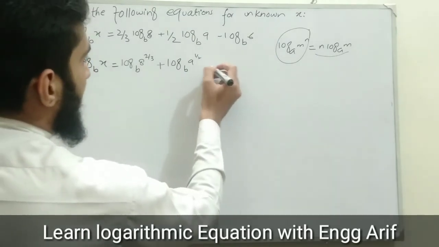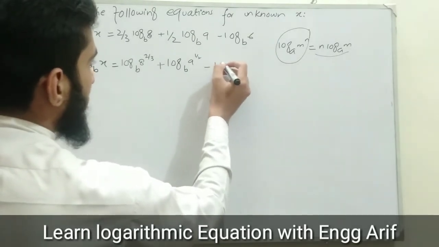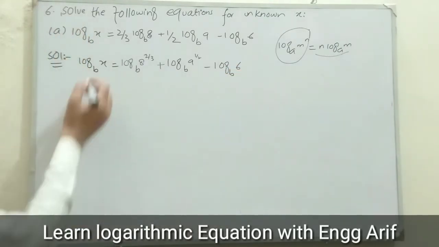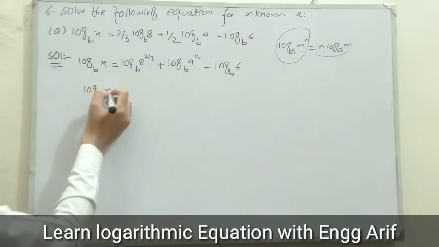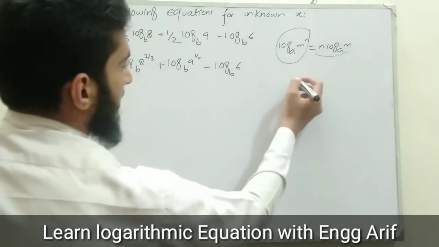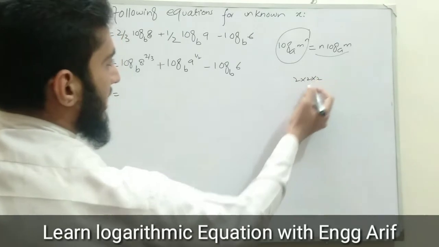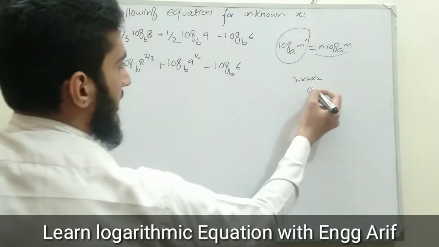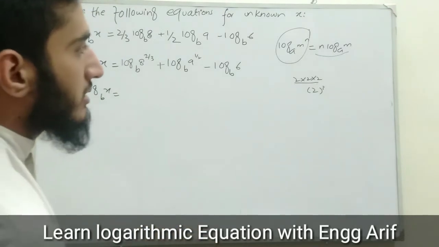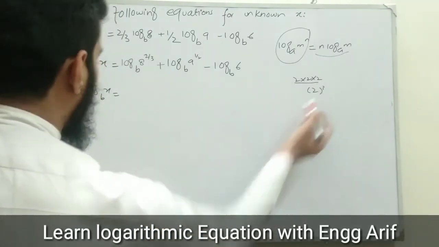After this, minus log of 6 to the base b. After this, log of x to the base b will be equal to, 8 can be written as 2 multiply 2 multiply 2 because it gives us again 8. So we can write 2 power 3 because here 2 comes thrice. That's why I take the power 3 over here.